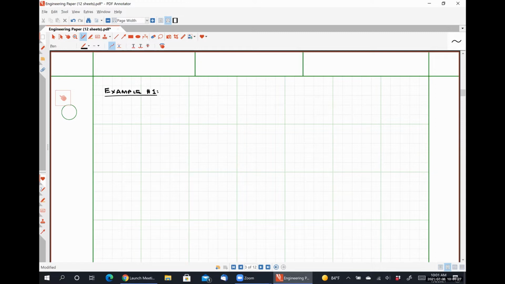So for our first circuit that we are going to analyze, it's going to be a little different than anything that we've done to this point, I believe, but it should absolutely be analyzable using the method that we've talked about.